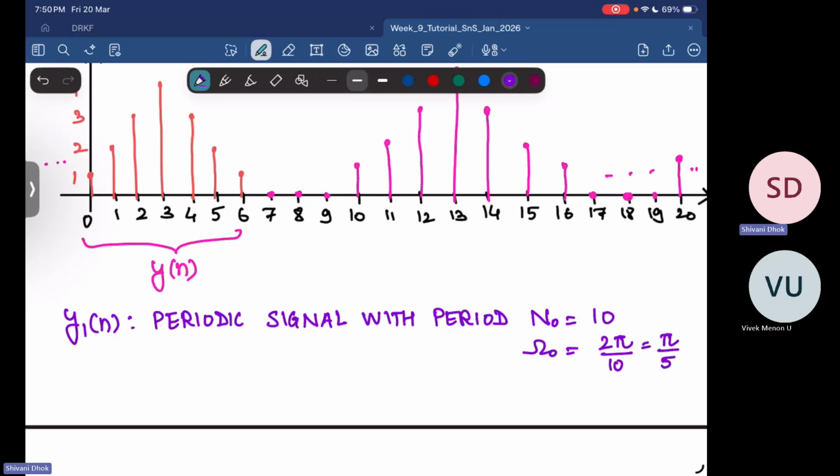Okay, so this is what we have. And in the period where n belongs to 0 to 10, y1 of n is equal to y of n.